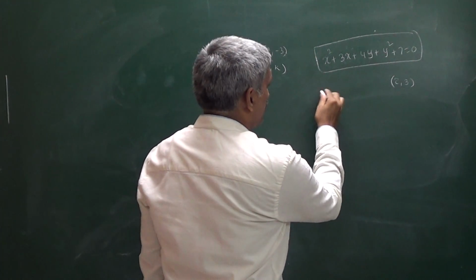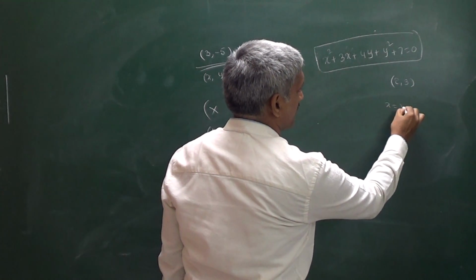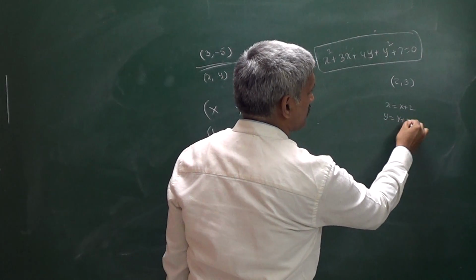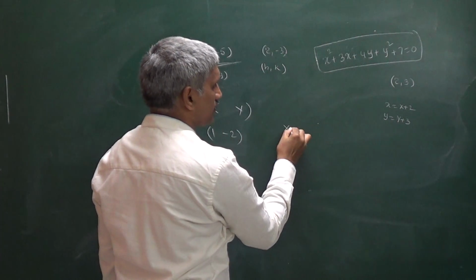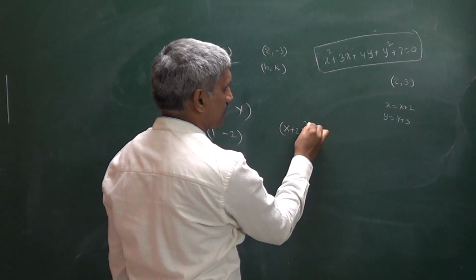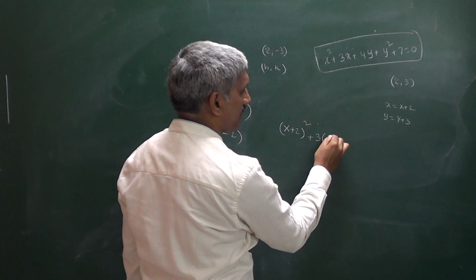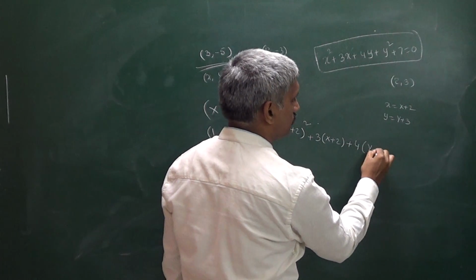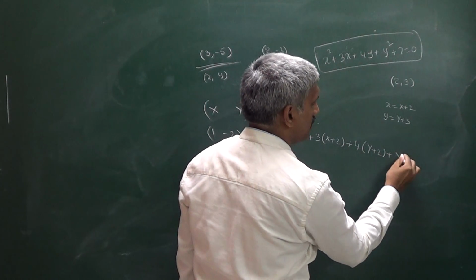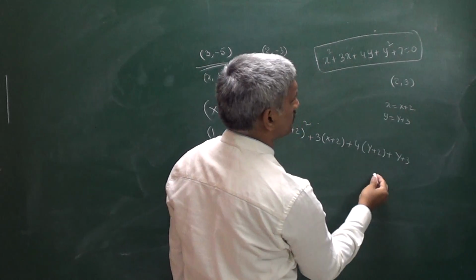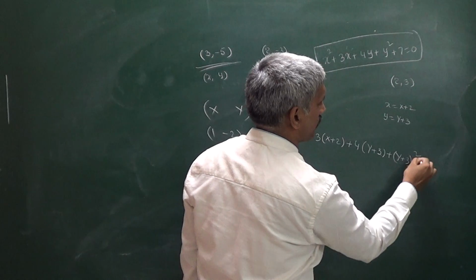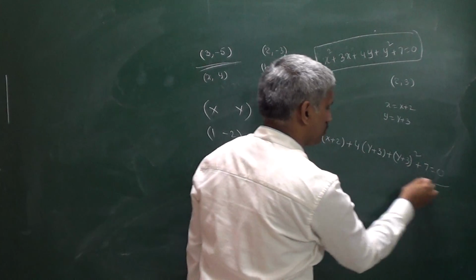Then what to do? In place of x we have to write x plus 2. In place of y we have to write y plus 3. So it changes as x plus 2 whole square plus 3 times x plus 2 plus 4 times y plus 3 plus y plus 3 whole square plus 7 is equal to 0.